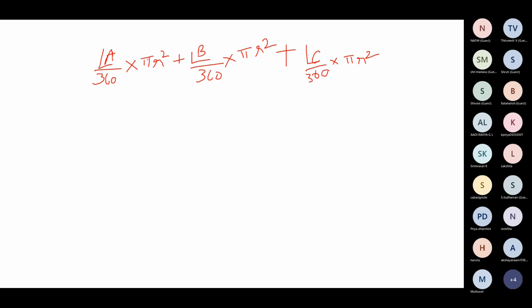So we see that pi r square by 360 is common everywhere. This is the area which one animal gets to graze, this is the area the second animal gets to graze, and this is the area the third animal gets to graze. So let's take out pi r square by 360 common.